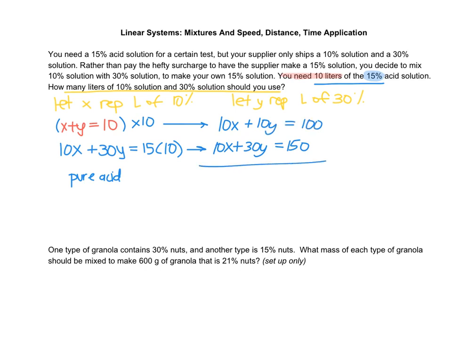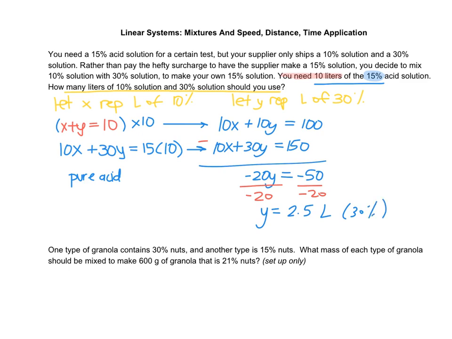And now to eliminate my x's, I'm going to subtract because 10 minus 10 is 0. 10 minus 30 is negative 20y's, and 100 minus 150 is negative 50. And then I can divide both sides by negative 20, and I get 2.5 liters, and that's for the 30% if I look at my let statements.